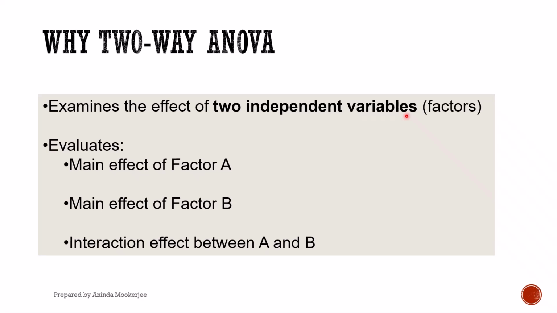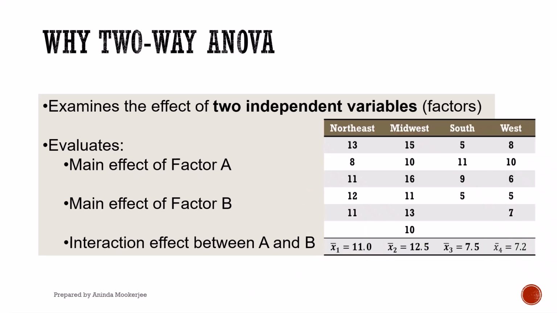I'm going to pull up the table that we used to do that one-way ANOVA study here and talk about it a little more. So here we have the table.